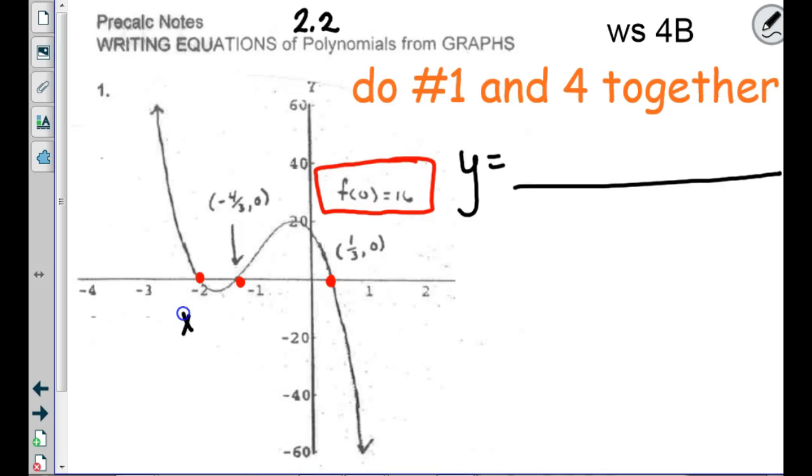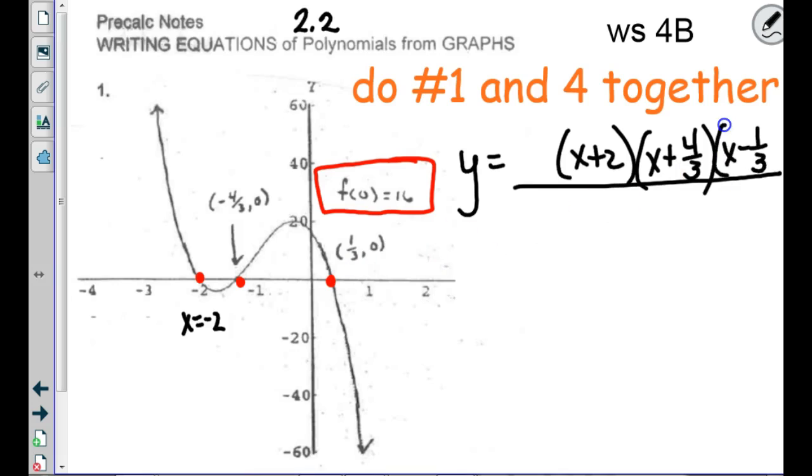If there's a 0 at x equals -2, what is a factor of this? Okay. If there's a 0 at -4/3, what is a factor? Now, you could probably also write that 3x plus 4, but it'll take care of itself eventually. Okay, I promise. And if there's a 0 at 1/3, x minus 1/3, okay?